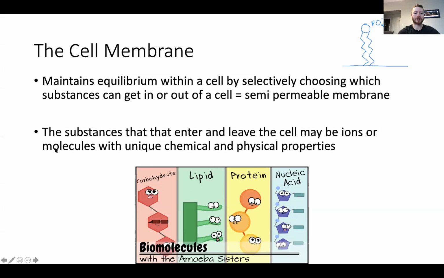Also, a molecule that may leave the cell could be a hormone. It could be insulin, or it could be glucagon, which we've talked about in the lessons before. Those particular hormones are created by the ribosomes on the rough endoplasmic reticulum.